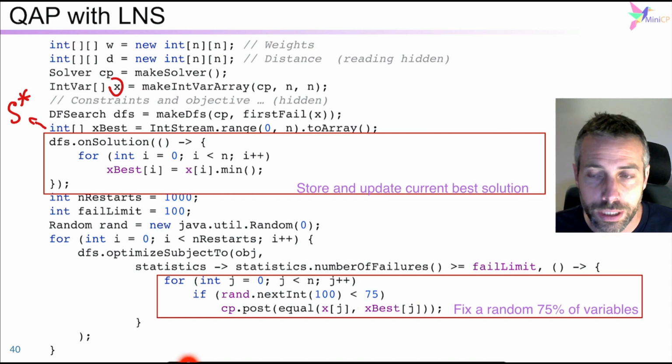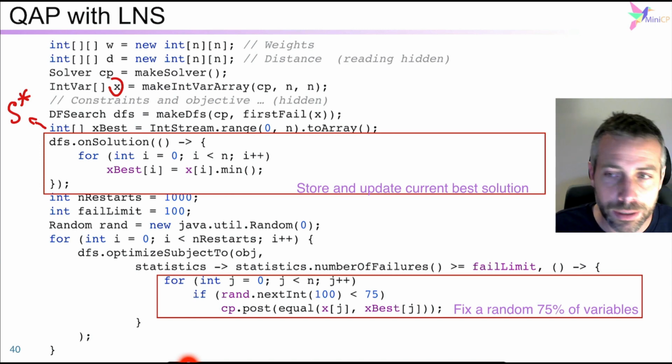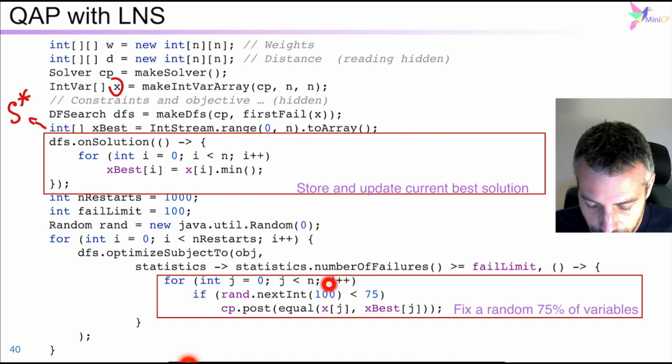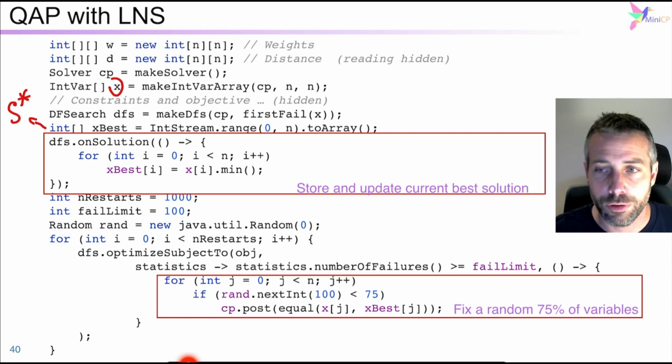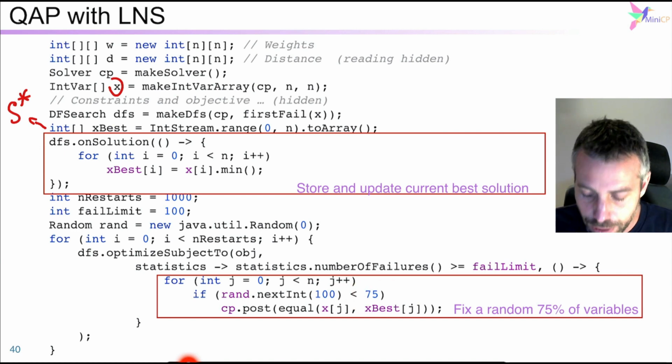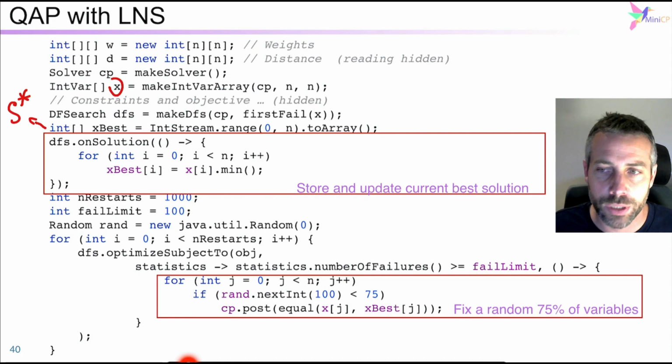You might also imagine a kind of adaptive scheme. When you get closer to the optimal objective function, it might be a good idea to relax a little bit more than only fix the limit at 100 backtracks. Maybe you will need a few more backtracks, and maybe you will need more than 25% of the variables relaxed. It really depends on the problem.